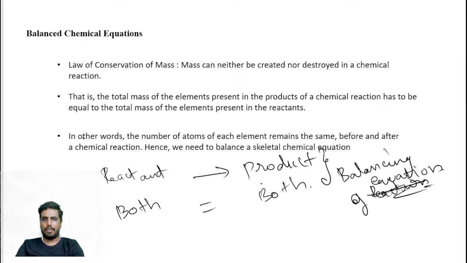The total mass of the elements present in the products of a chemical reaction has to equal the total mass of the elements present in the reactants, right? In other words, the number of atoms of each element remains the same before and after the chemical reaction. Hence, we need to balance a skeletal chemical equation.